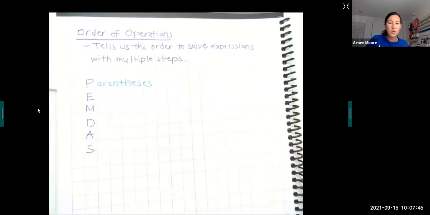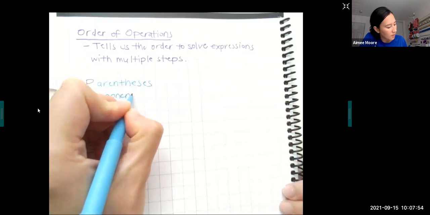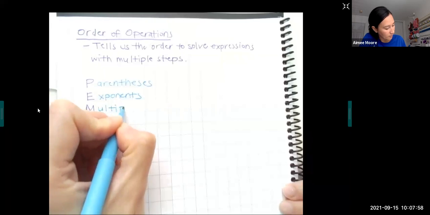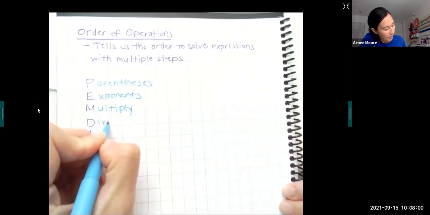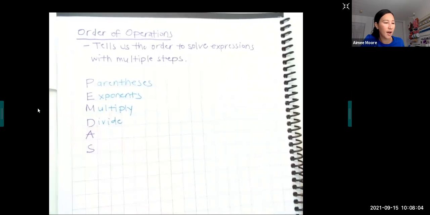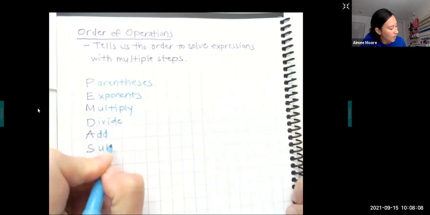So we always do the parentheses first. If there's parentheses, we do that first. Then we move on to exponents, then multiplying or dividing. So the M and the D kind of go together. Multiply or divide are kind of the same step, and then add or subtract as the last step.